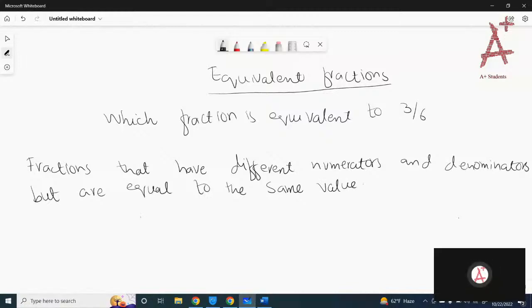For example, 2 by 4 and 3 by 6 are equivalent fractions. Let's see how.